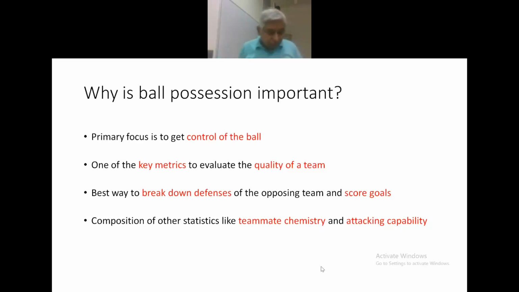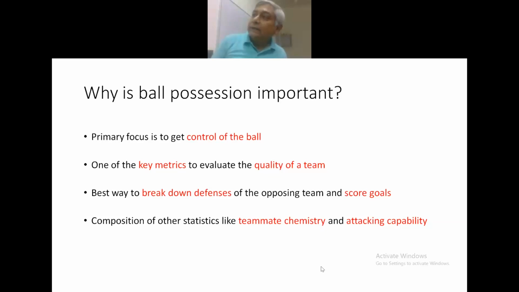Of course, there are good publications in the area of ball possession, and they primarily relate the ball possession statistics to the control of the ball and control of the game. It's considered one of the key quality metrics for a game, for a soccer game in particular.